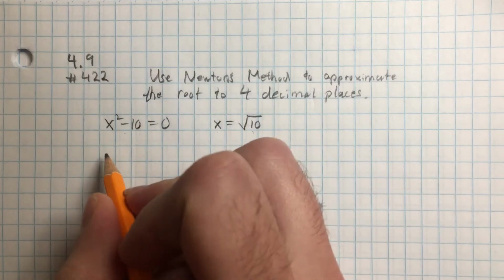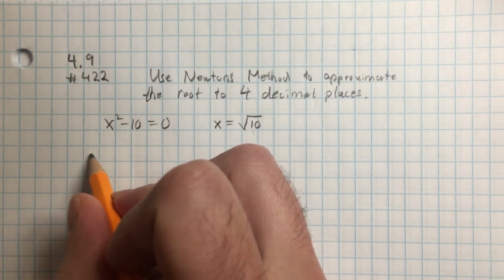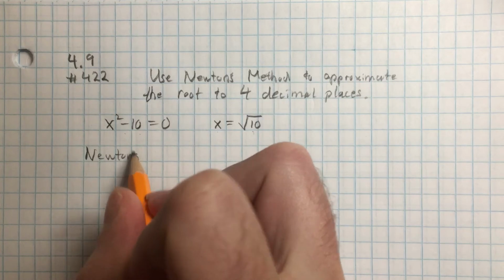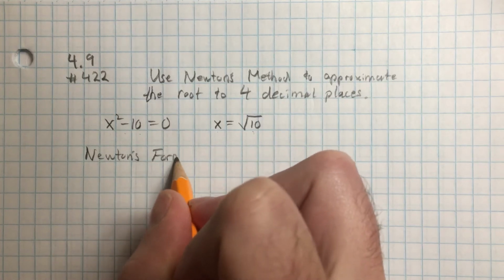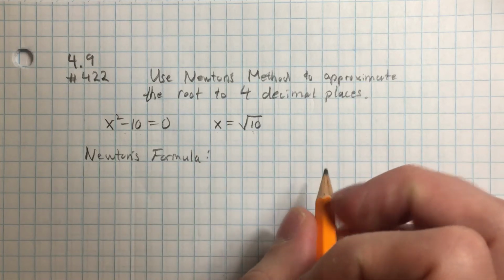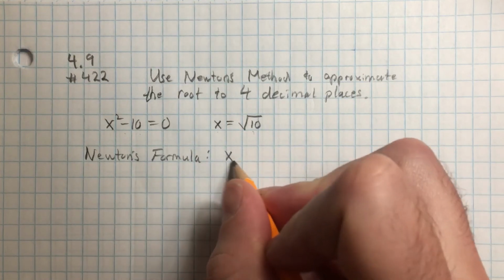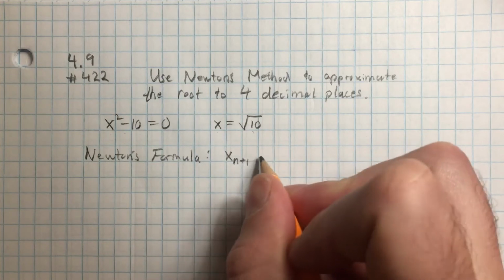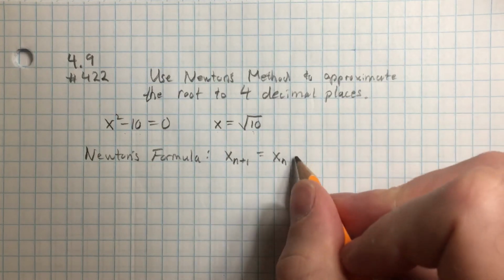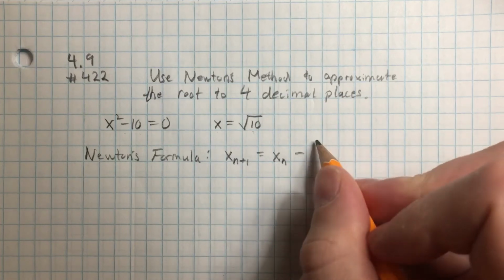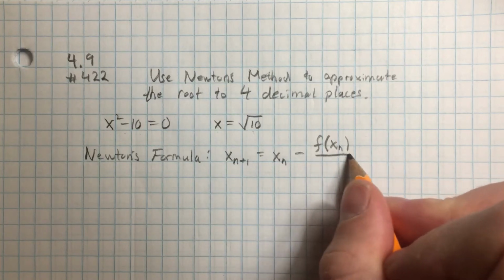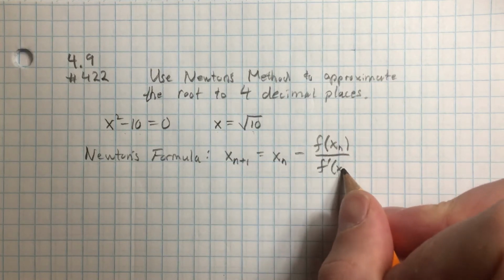Okay? So the first thing we're going to do is construct Newton's formula. That was where we left off in the introduction. So Newton's formula for this particular problem will be x_{n+1} equals x_n minus, and I'll just write it out in the abstract first, actually, f(x_n) over f prime(x_n).